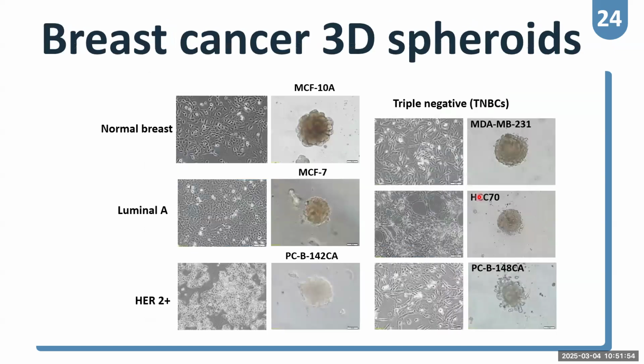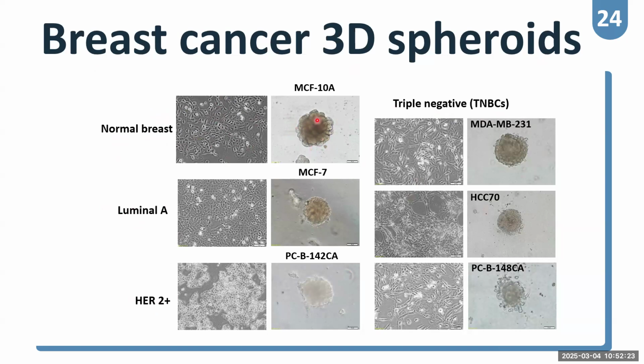Okay, and this is, for example, in breast cancer. You can see that even though they are all breast cancer cells, if there are different subtypes, for example, HER2 positive or triple negative breast cancer, compared to the normal breast cell, they have different 2D structure and also different 3D structure.